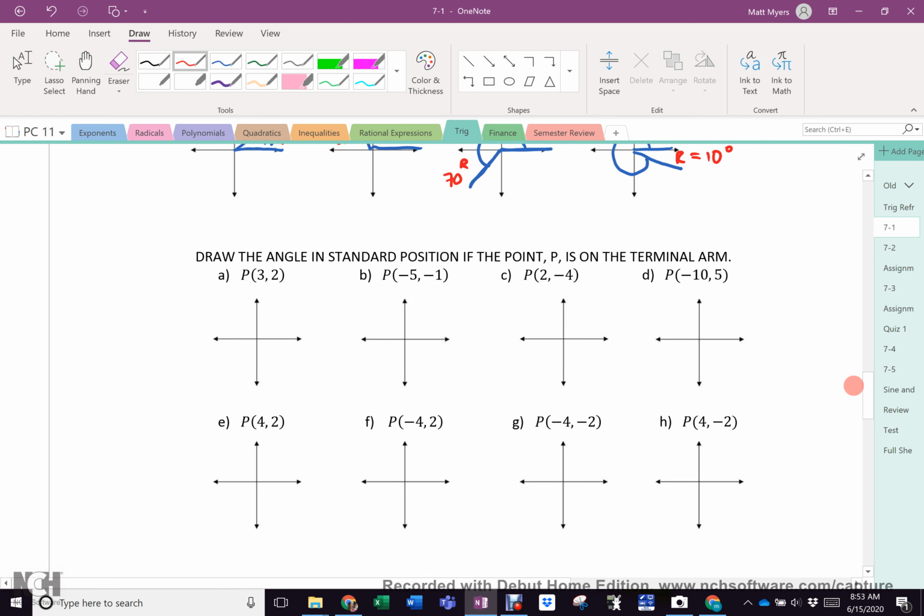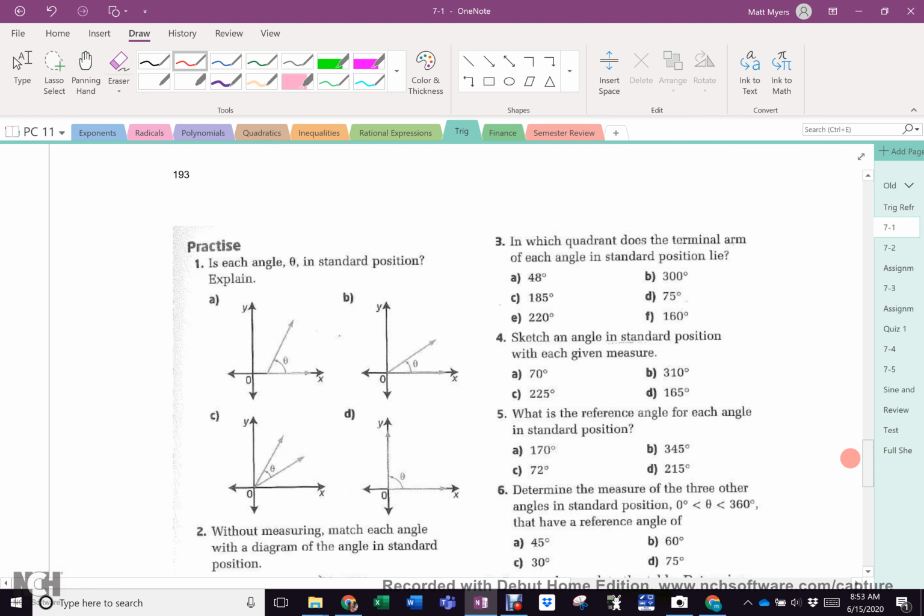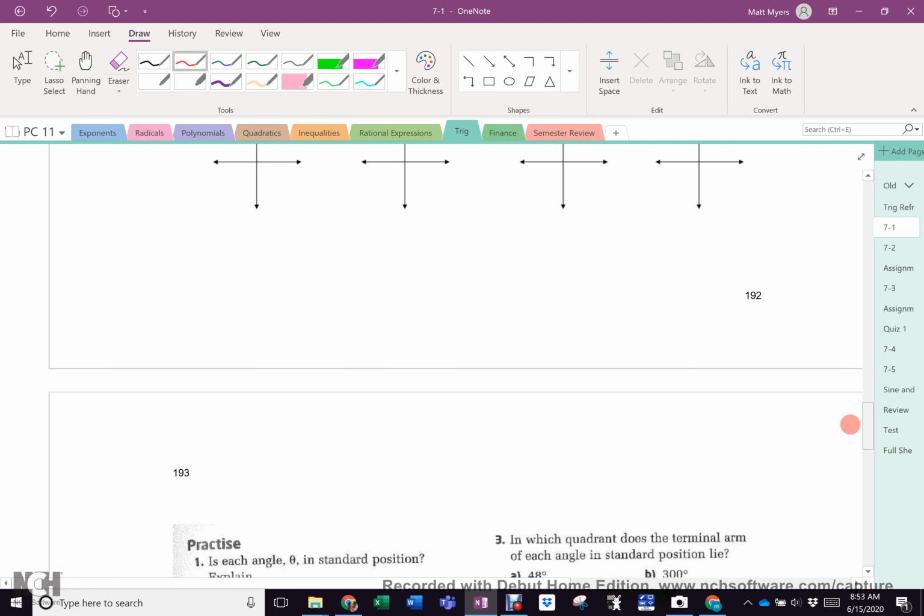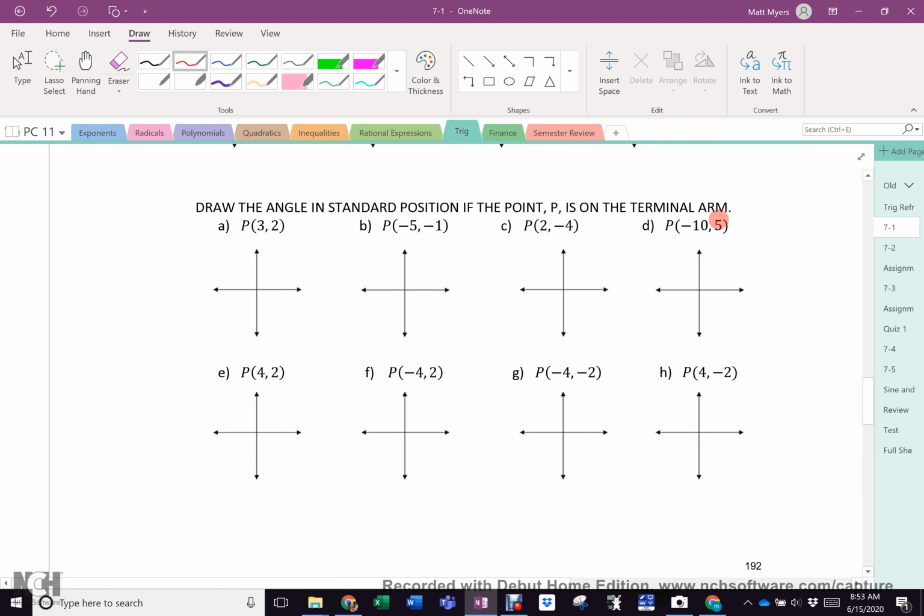And then all we got to do is, now I'm going to use the numbers 3, 2, both positive. There's my first angle. -5, -1. So I got to come all the way around to there. 2, -4.